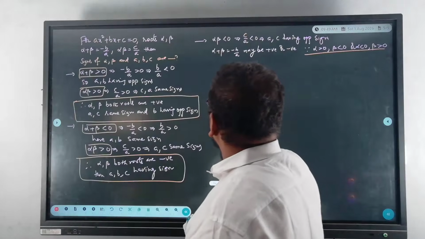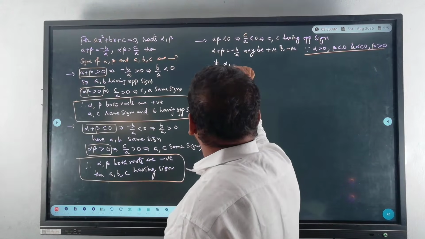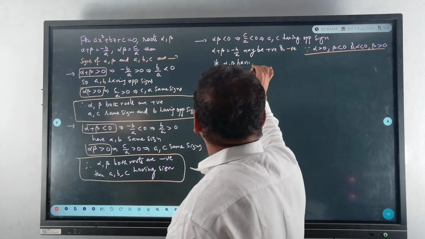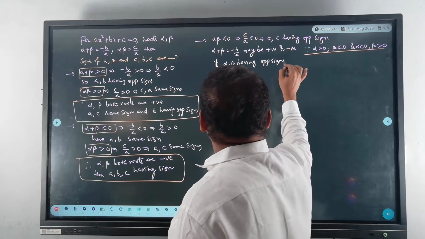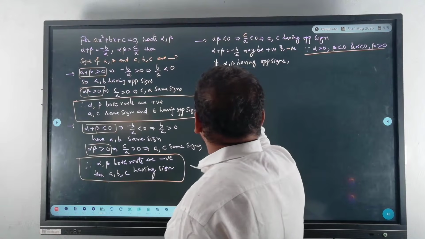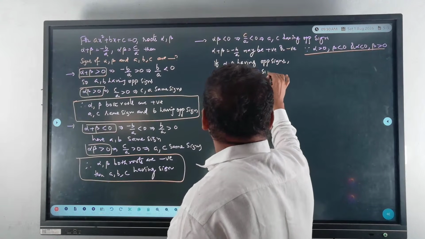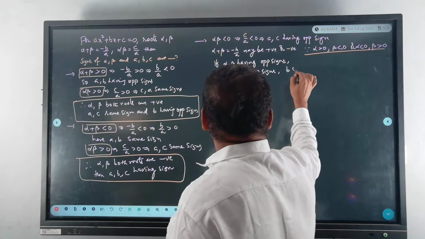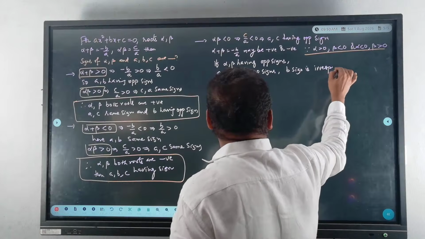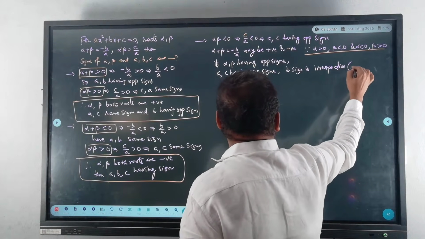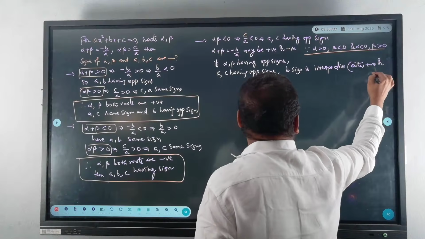So the conclusion is, if alpha, beta having opposite signs, a comma c having opposite signs, and b's sign is irrespective, meaning either positive or negative.